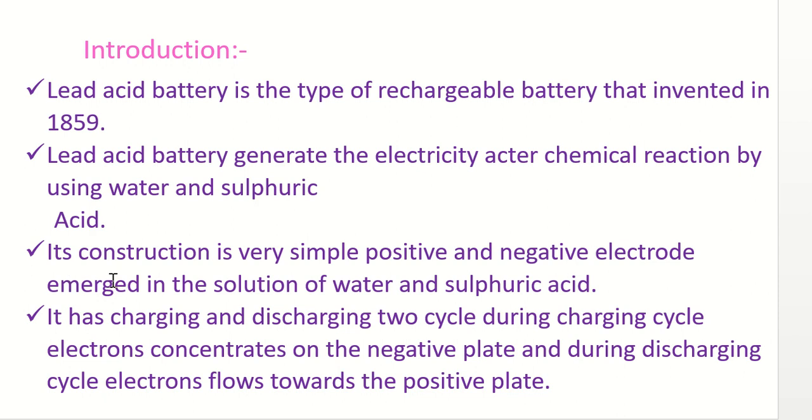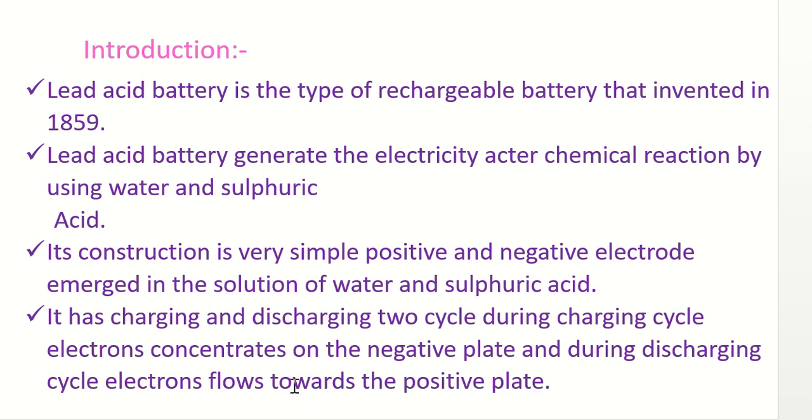Its construction is very simple: positive and negative electrodes are immersed in a solution of water and sulfuric acid. It has two cycles, charging and discharging. During the charging cycle, electrons concentrate on the negative plates, and during the discharging cycle, electrons flow towards the positive plate.